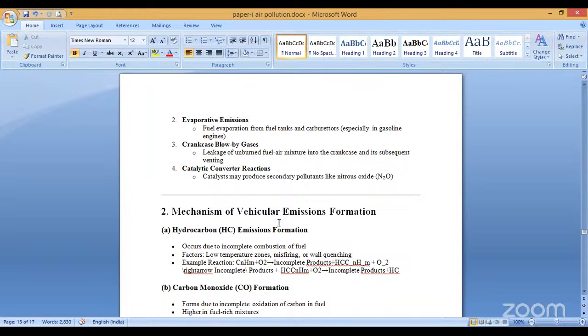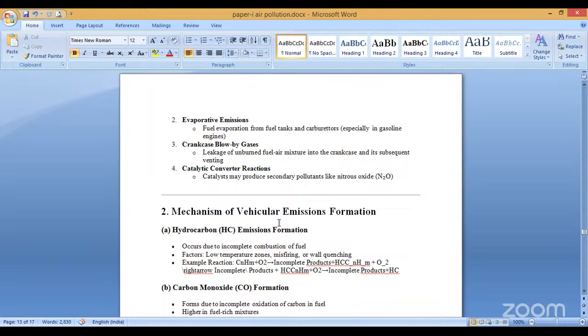Then coming to the next one, the mechanism of vehicular emission formation. Hydrocarbon emissions occur due to incomplete combustion of fuel. The factors are low temperature zones, misfiring, or wall quenching.